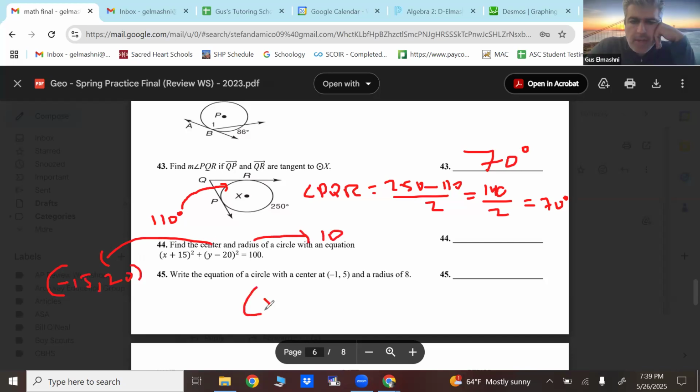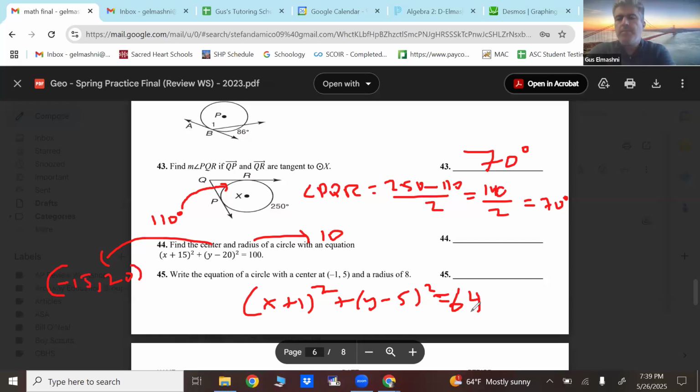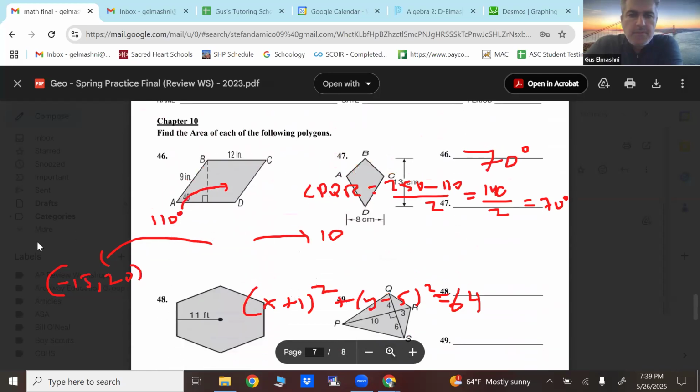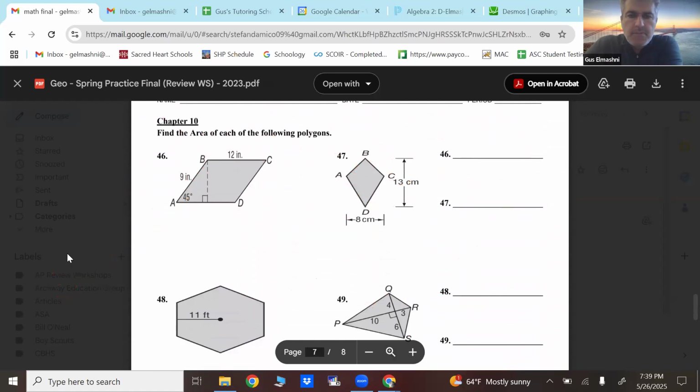Here, you can say x plus 1 squared plus y minus 5 squared equals 64. Nine root 2.